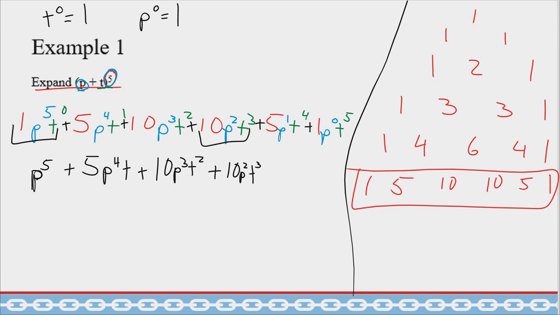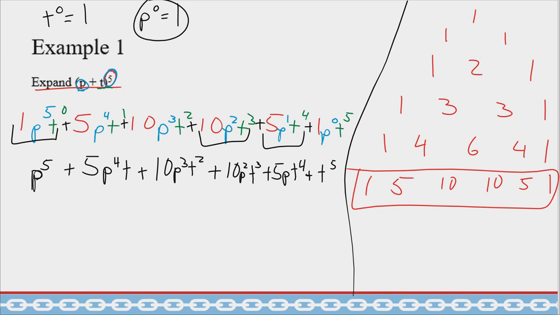I'm getting these from these terms above. Plus 5p to the 1st, which I'm just going to write down as 5p times t to the 4th. And then my last term, 1 times p to the 0. Well, p to the 0 is 1. 1 times 1 is 1, times t to the 5th.